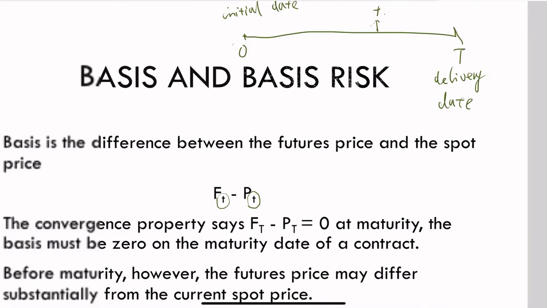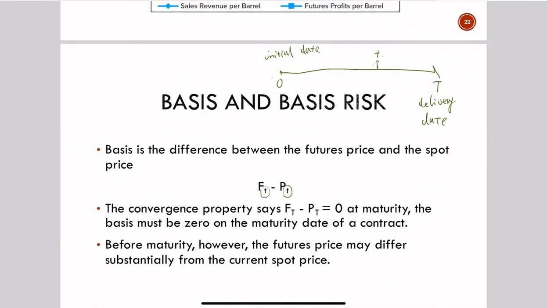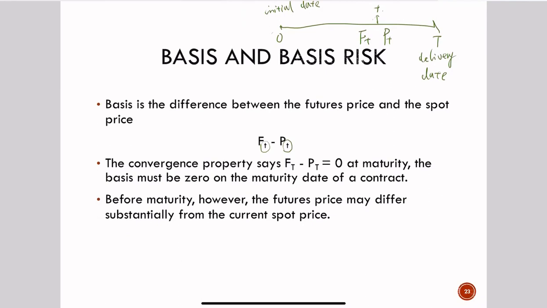And then basis is defined by two prices: the futures price on this day in the middle and the spot price on this day in the middle, right? So the definition is very simple.